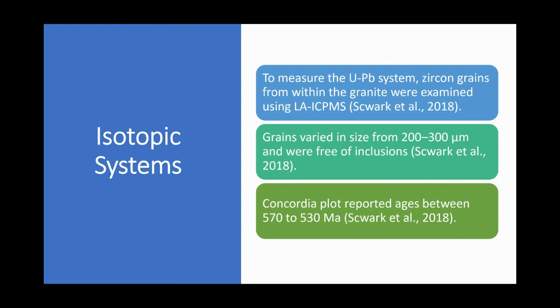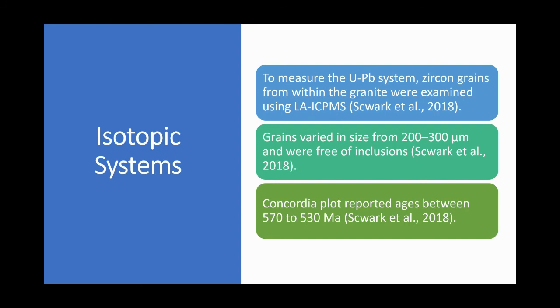These past studies reported garnet whole rock samarium neodymium isochron ages at around 488 million years, and thermal ionization mass spectrometry, or TIMS, showing the 207 lead 235 uranium ages of 526 and 523 million years.